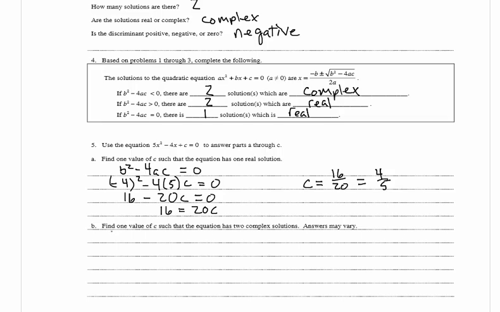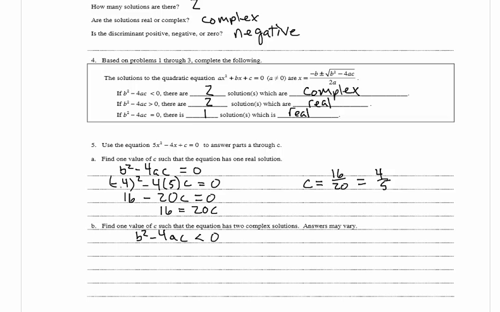In B, it says find one value of c such that the equation has two complex solutions, and it says answers may vary. And remember, in order for an equation to have two complex solutions, our discriminant must be less than 0. So we're going to have b squared minus 4ac is less than 0.